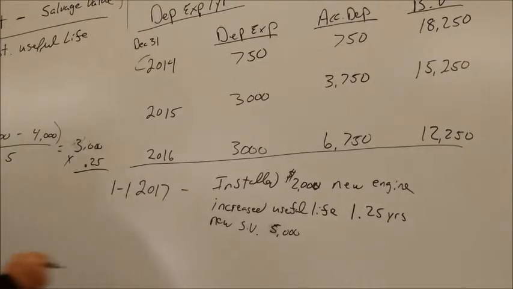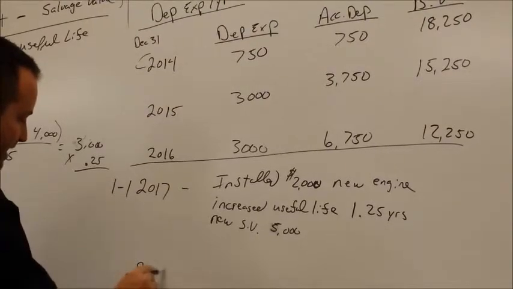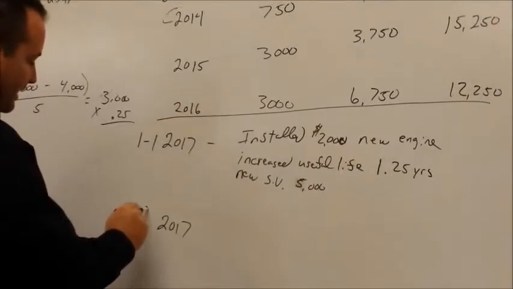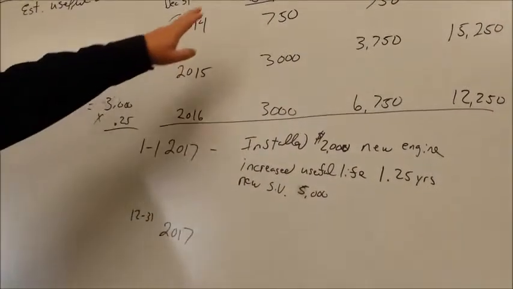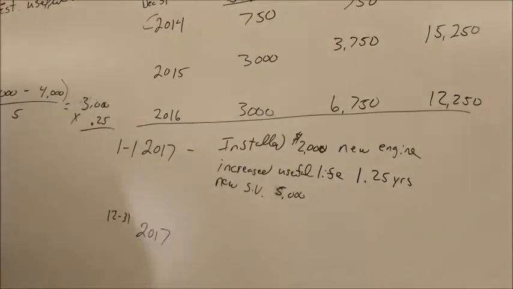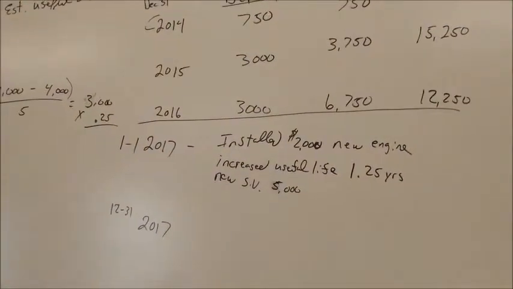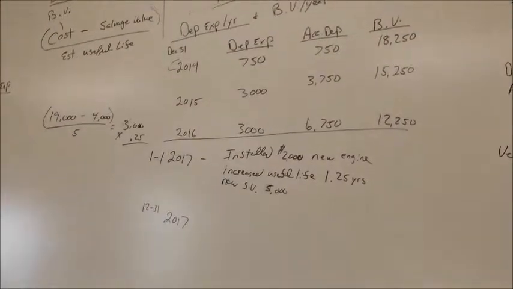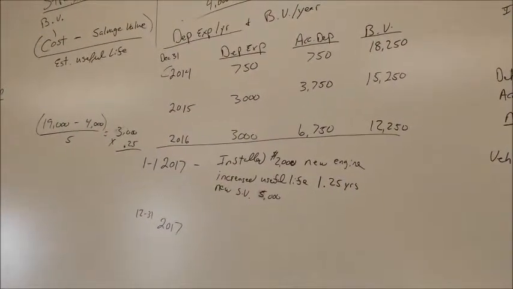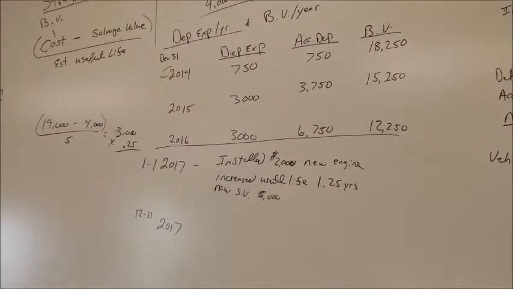So what I want us to be able to determine then is that for 2017, at the end of the year, the same thing. What's my new depreciation expense and book value at the end of 2017.